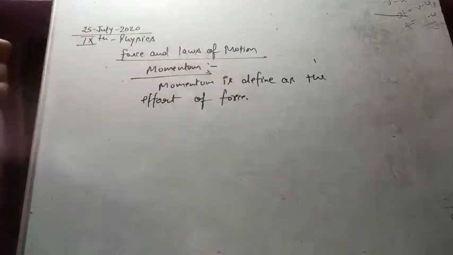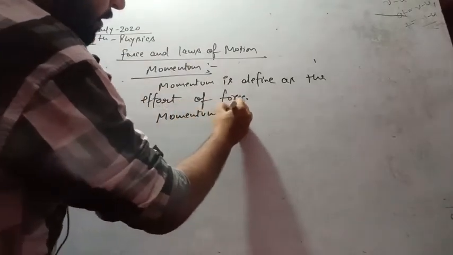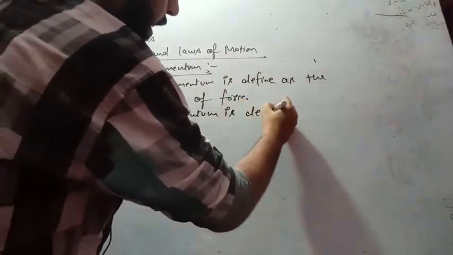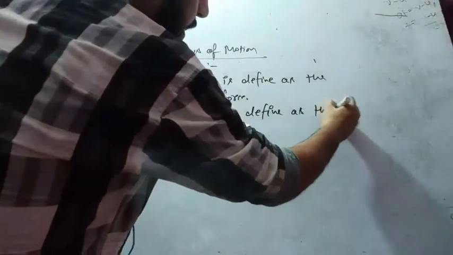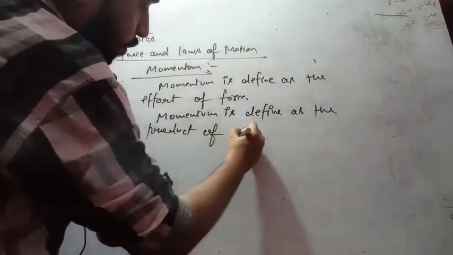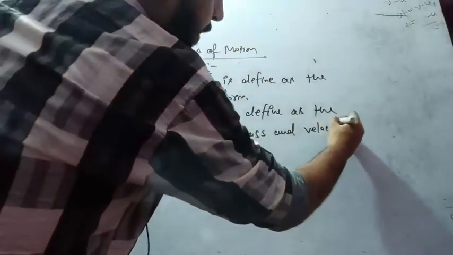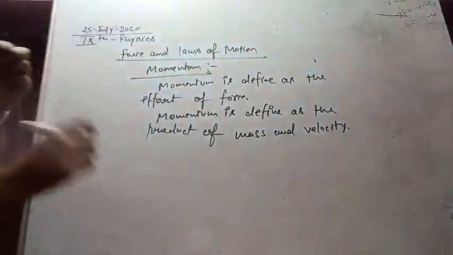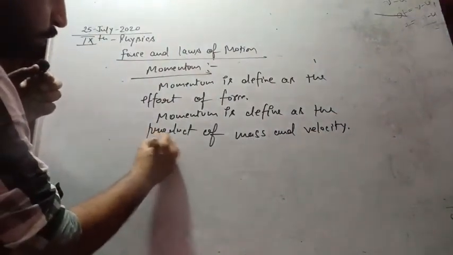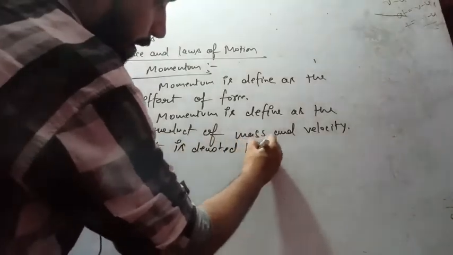Mathematically, momentum is defined as the product of mass and velocity. It is denoted by P.